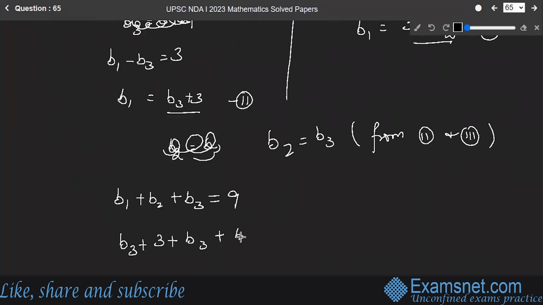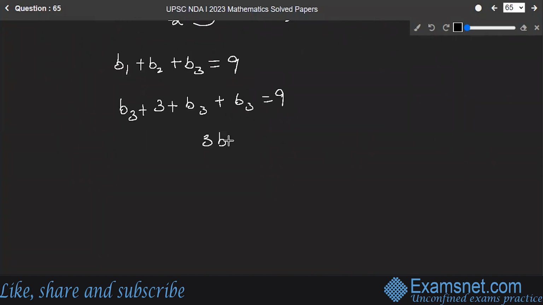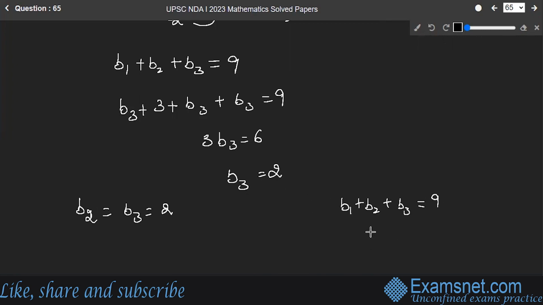So B3 plus B3 plus 3 plus B3 is equal to 9, which gives you 3B3 is equal to 6, or B3 is equal to 2. Similarly, B2 is also 2. So B1 plus B2 plus B3 is equal to 9 gives you B1 is equal to 5. Correct. So we got all the values.